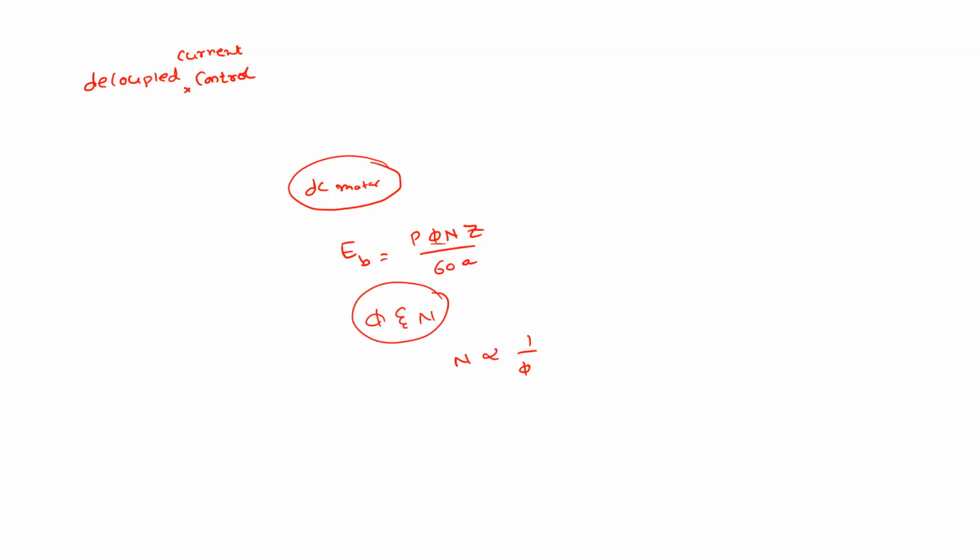If you assume that the back EMF is constant, the number of poles are constant, the conductors are constant, and A, the number of parallel paths, is constant, then once the machine is established, N is proportional to 1 by phi, right? Phi is related to which current, field current or armature current? Field current. So N is proportional to 1 by field current IF.